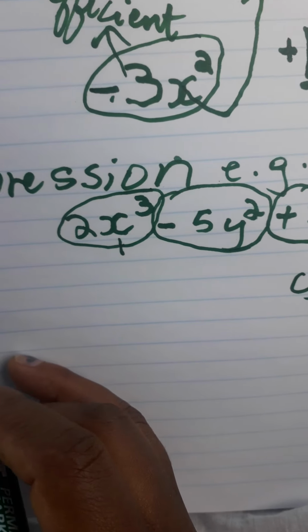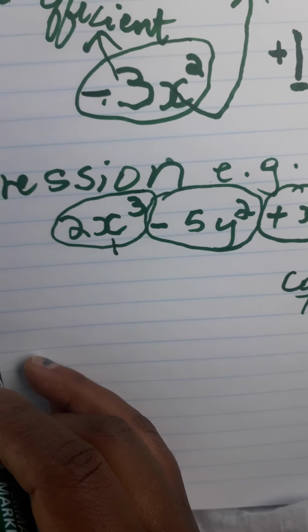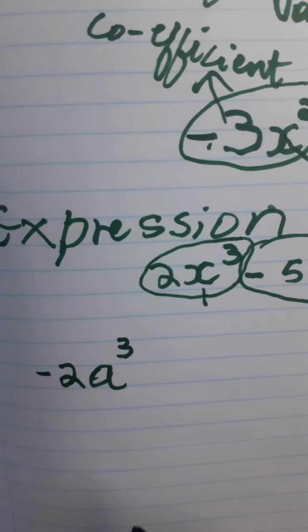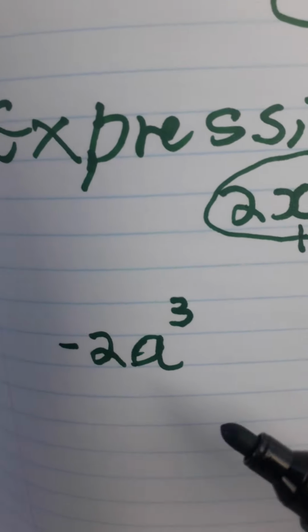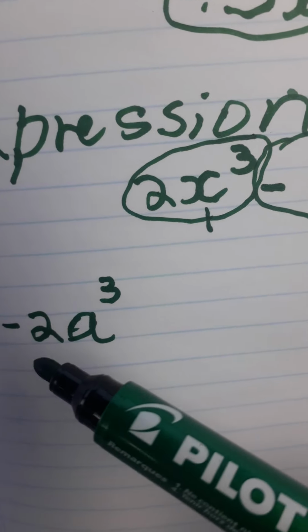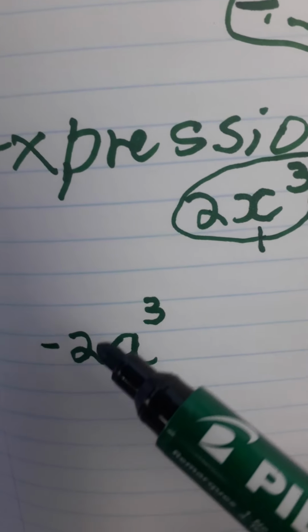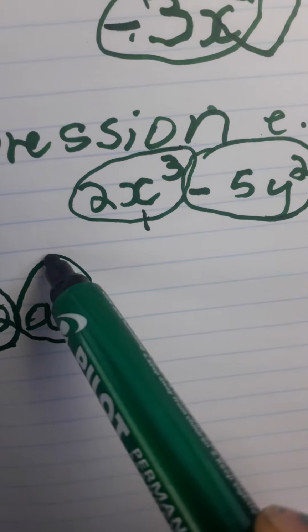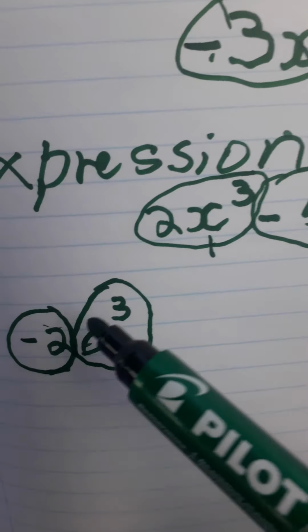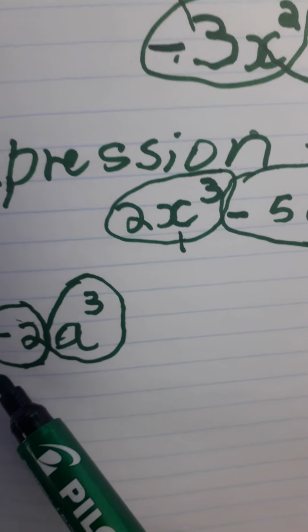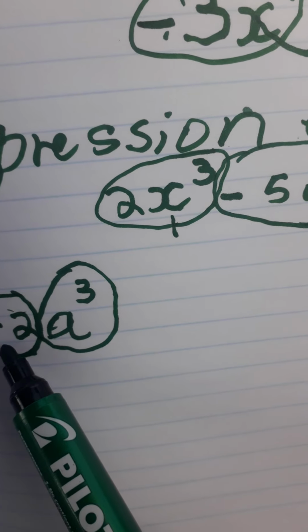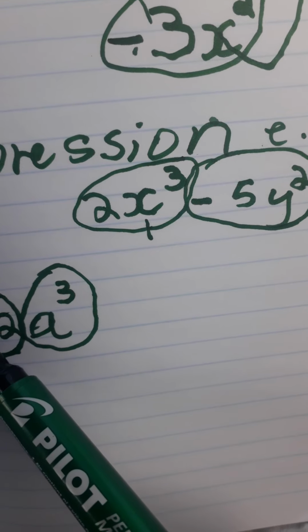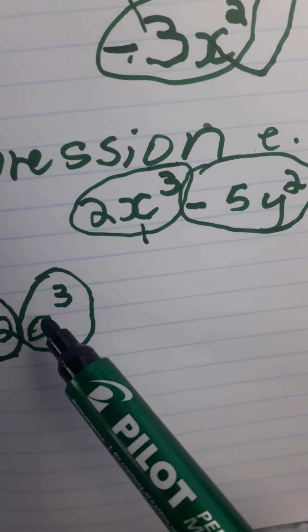As I said, let me give an example: we have the term negative 2a cubed. Let's take it as a person. This is their name, and that is their surname, just as you have a name and a surname. So the name here is negative 2. The name of this person is negative 2. And his or her surname is a cubed.